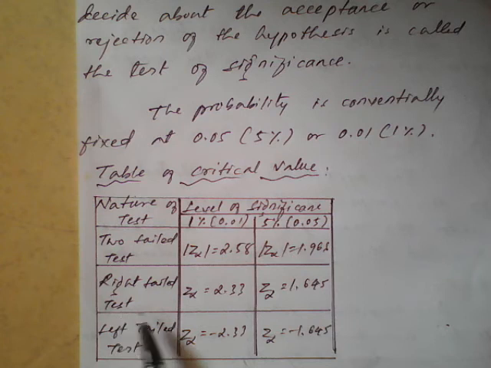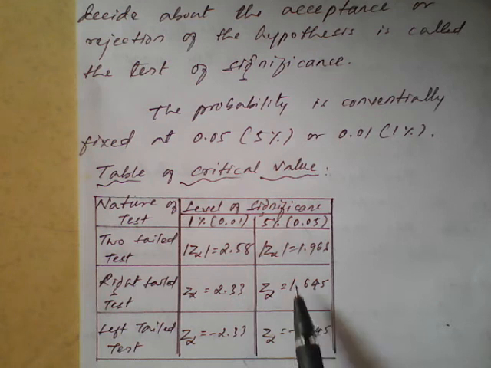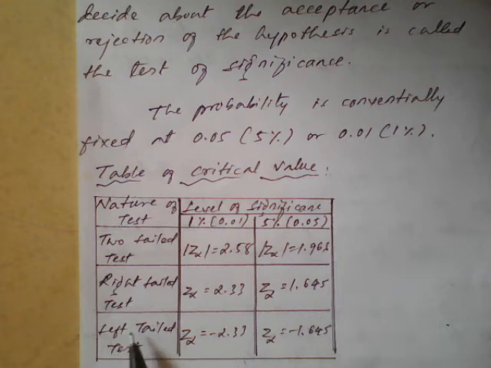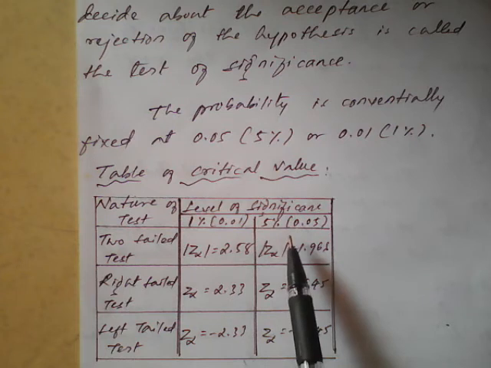Similarly, for the right tail test, the value for the level of significance is 2.33 for 1%, and for 5% it is 1.645. Similarly, for the left tail test, the same values but in the negative direction: minus 2.33 for 1%, and minus 1.645 for 5%.